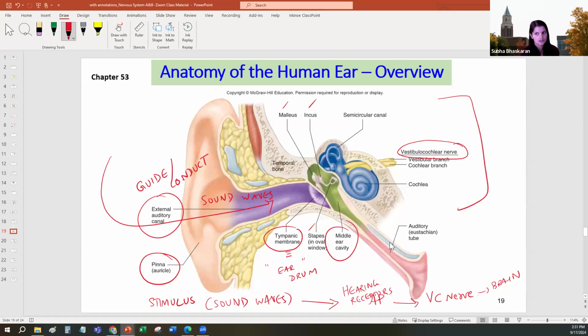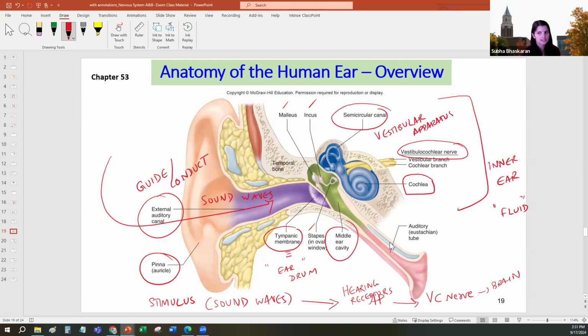So the inner ear is actually filled with fluid, surprisingly. The fluid is contained in a chamber, okay? And then the cochlea, then you have the vestibular apparatus. So there are two things found inside the inner ear.